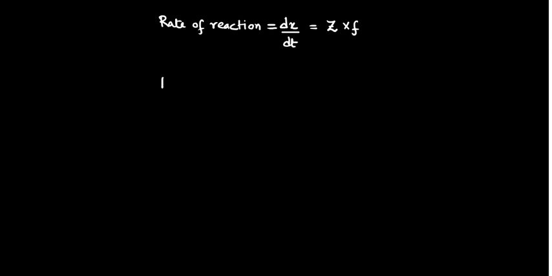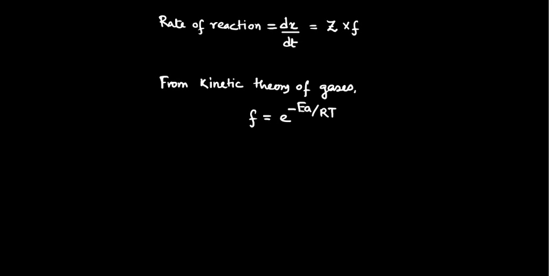Now, from the kinetic theory of gases, it has been found that F is equal to exponential minus EA by RT. Here EA represents activation energy, R is the universal gas constant, and T is the temperature.